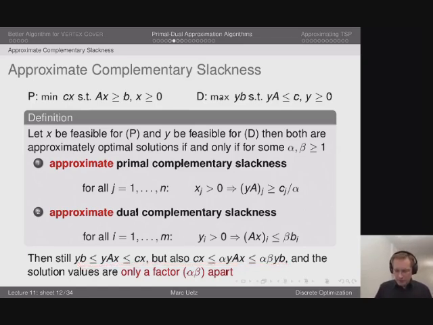But what we know, if we have a solution that fulfills complementary slackness, then I know that the solution value of the primal that I computed is at most a factor alpha times beta away from the solution value of the dual, and that gives me an approximation guarantee of alpha times beta. Why that? Well, because this dual solution value is still a lower bound on the optimum solution value for the primal.